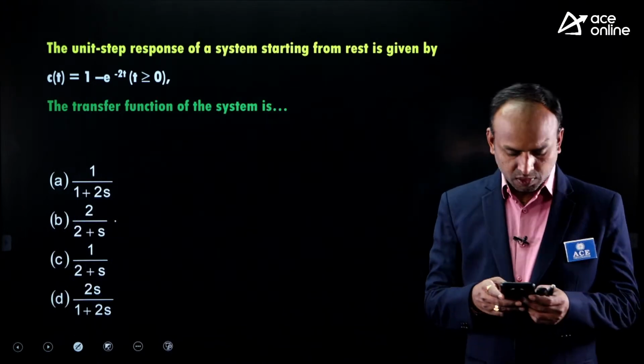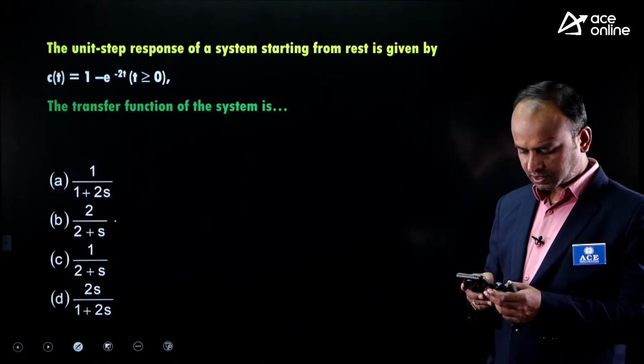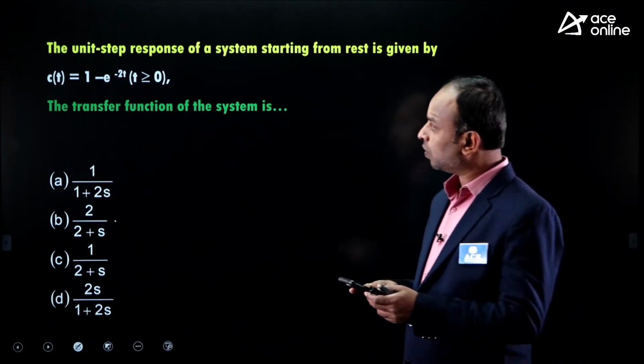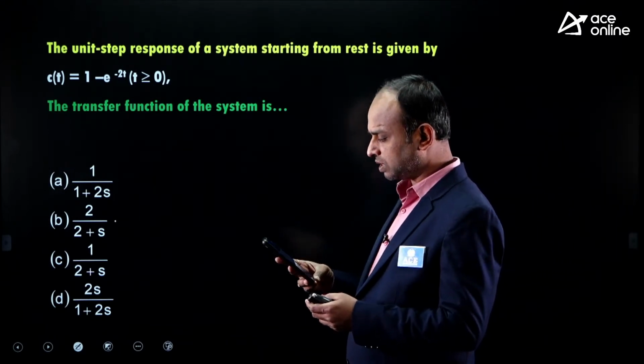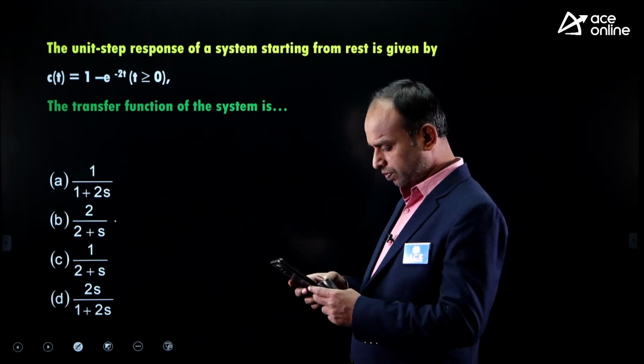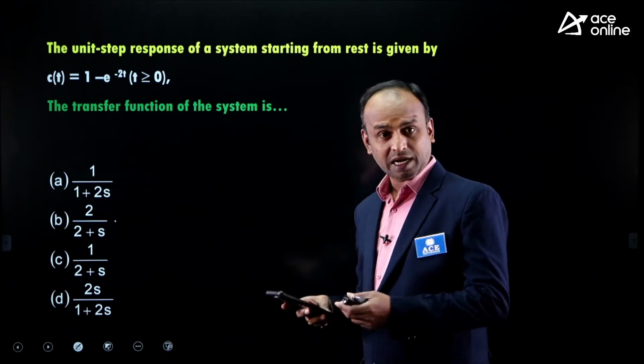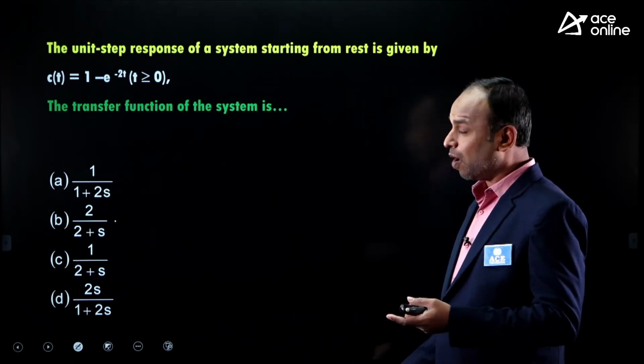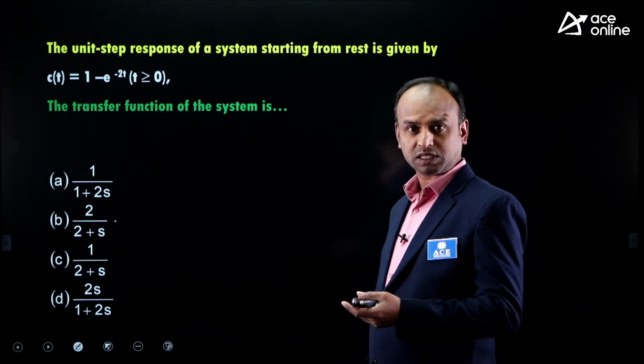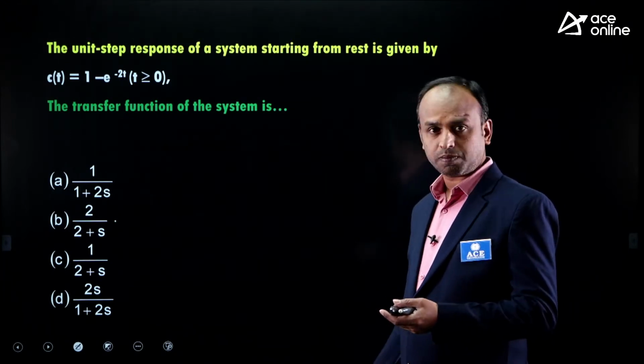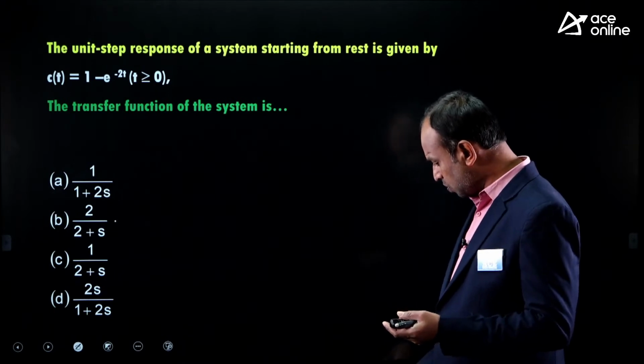Yes, come on, tell me. What is the output response here? I already gave a hint. The output is given, so apply the Laplace transform. The input is a unit step, whose Laplace transform is 1 by s. So what you have to do?